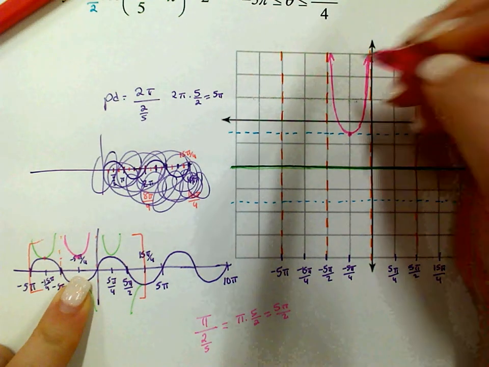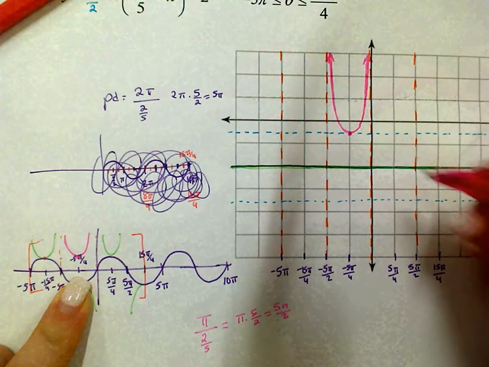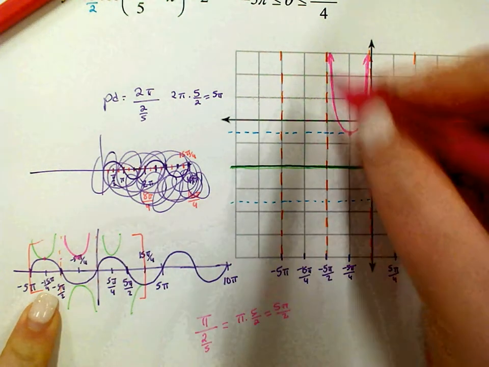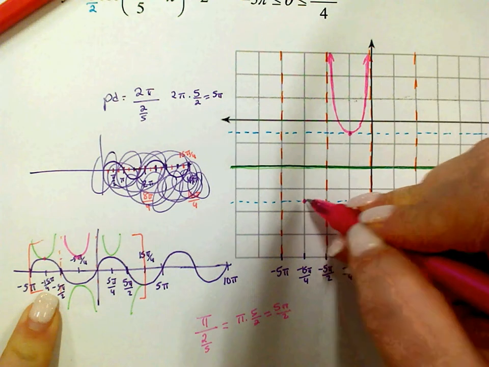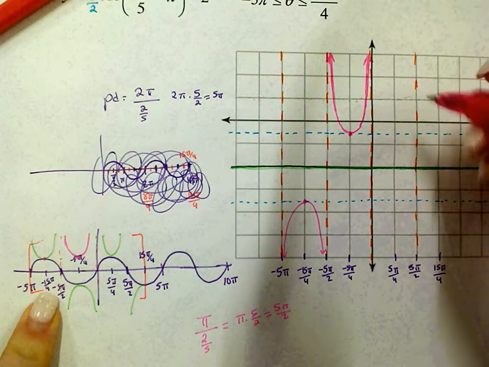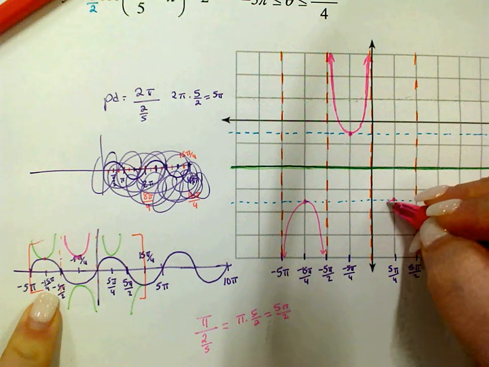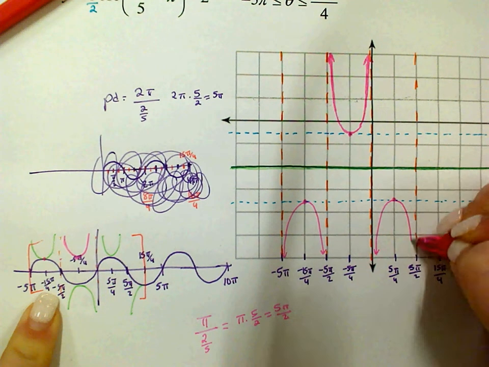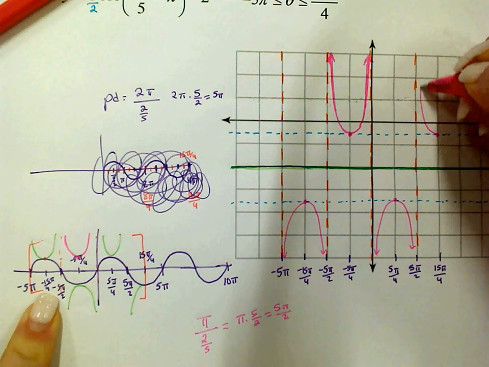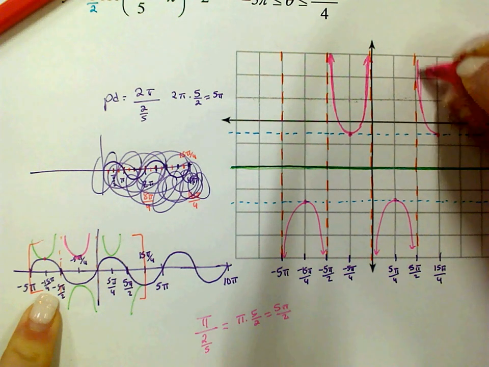At -15 pi over 4, since this is a minimum, this is going to be a maximum. And then this is going to be a maximum as well. And then this is going to be only half of a minimum. Something like that. And there we go.